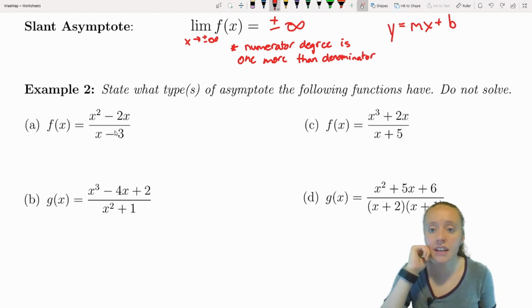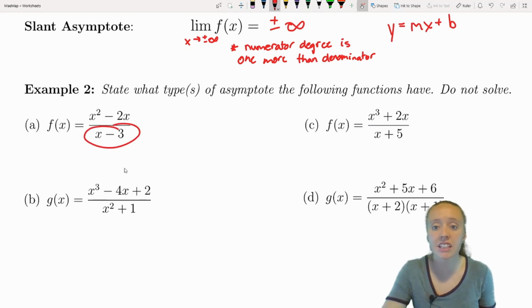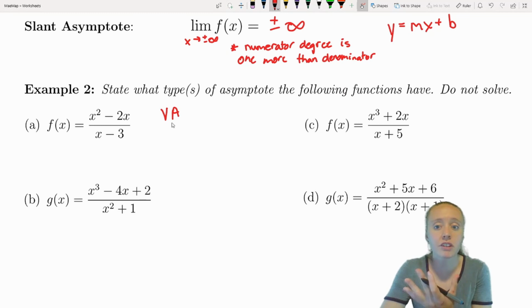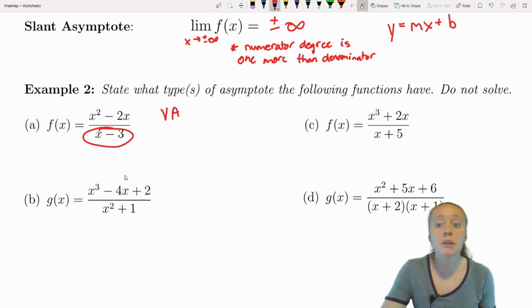So in this case, can we factor and then cancel out this x minus 3? No. Even factoring our numerator, that would be x times x minus 2, which does not leave us an x minus 3 that we can cancel out. So we know we do indeed have a vertical asymptote. So I'm going to write VA for vertical asymptote. And let's just talk about it. Where would that vertical asymptote be? That would be at x equals 3.